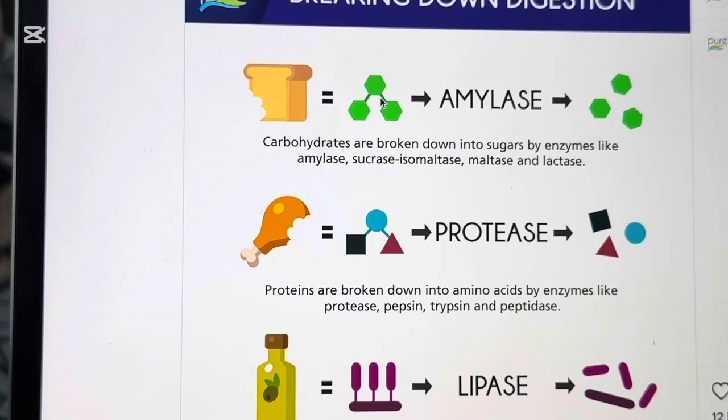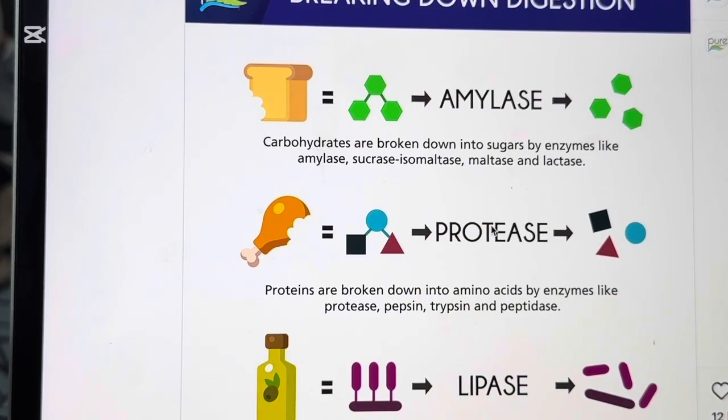You see, this indicates chemical bonds, which bond all these units and make it complex. But when these chemical bonds are broken, they get converted into simplest form. Here you are dealing with the carbohydrate. So carbohydrates are broken down into simplest form sugar, which is glucose, by the enzyme amylases.